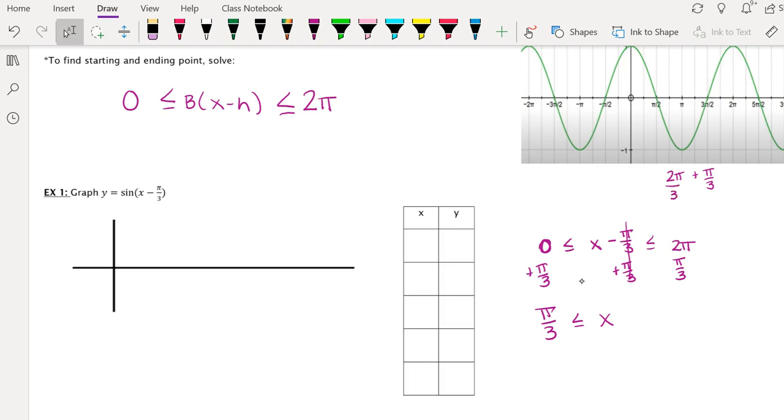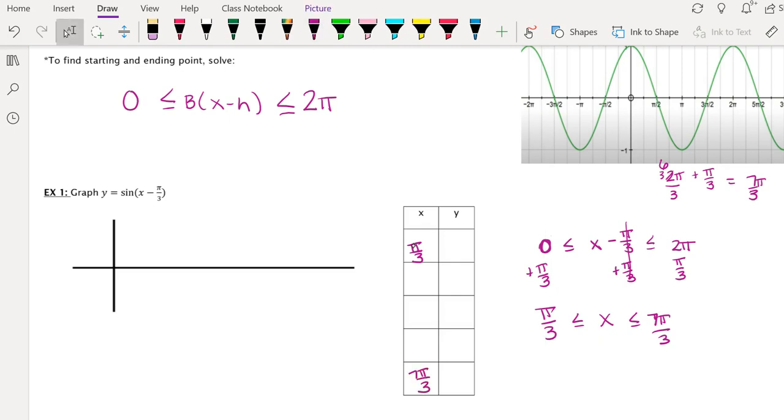So if I multiply that by 3, I get 6 pi over 3 plus 1 pi over 3 is 7 pi over 3. And so those are your new x values: pi over 3, and then 7 pi over 3.